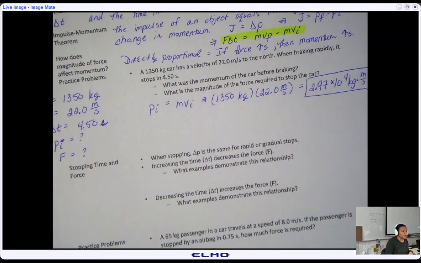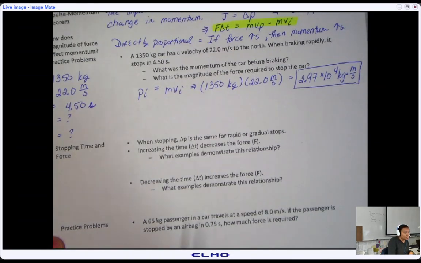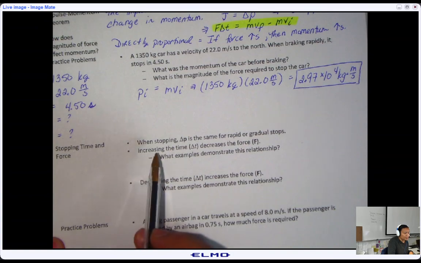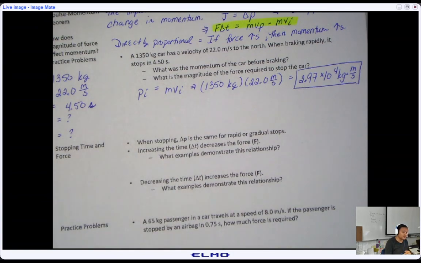All right. So it says increasing the time decreases the force, though.